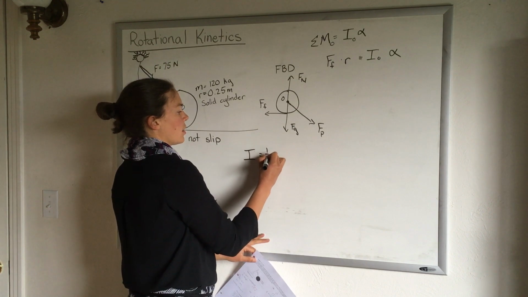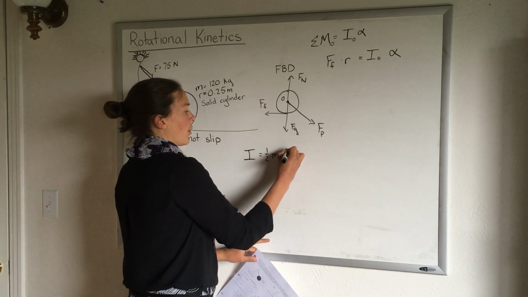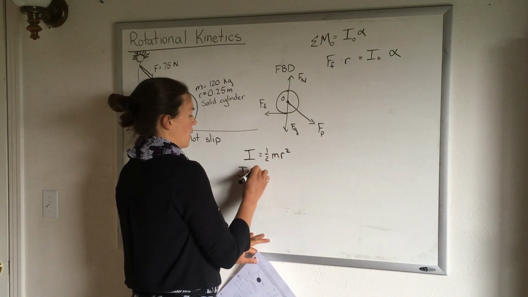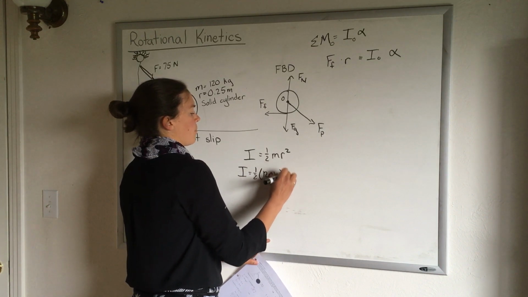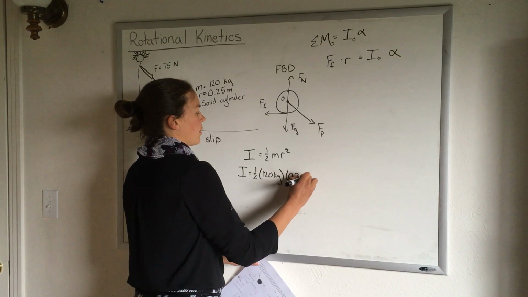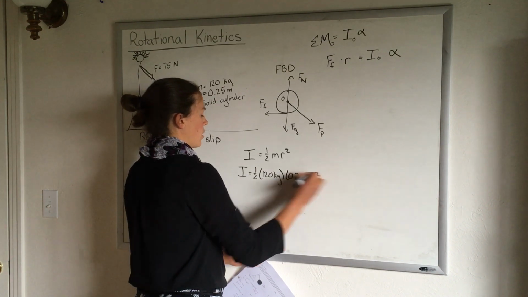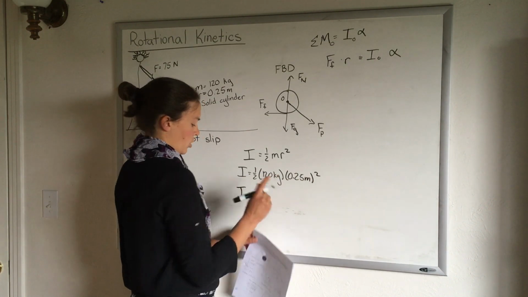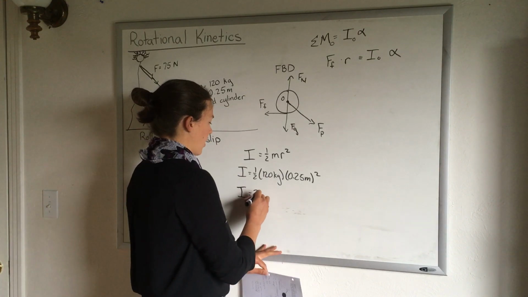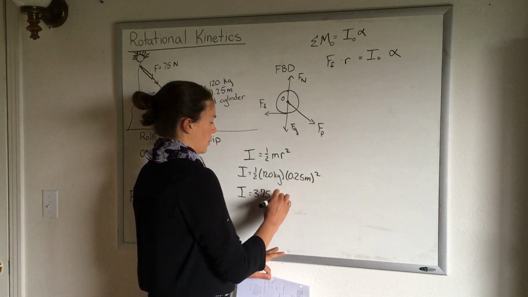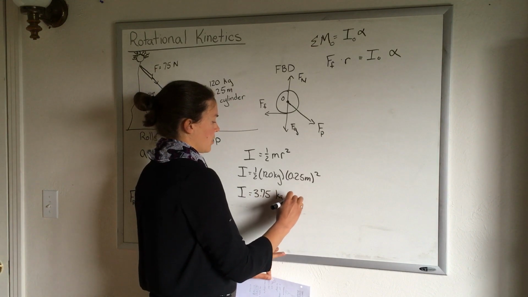For a solid cylinder, it's 1/2 mr squared. So my I is 1/2 times 120 kilograms times 0.25 meters squared. This gives me a mass moment of inertia of 3.75 kilogram meters squared.